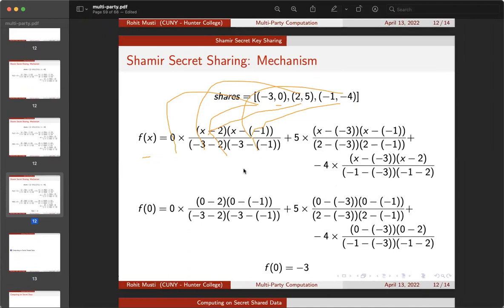So 5 times, let me draw this out. 5 times 0 plus 3, which gives us 3, times 0 plus 1, which is 1, divided by 2 plus 3, which is 5, times 2 plus 1, which is 3.